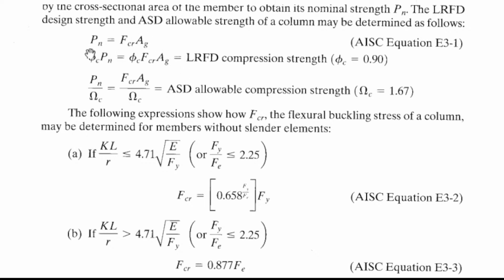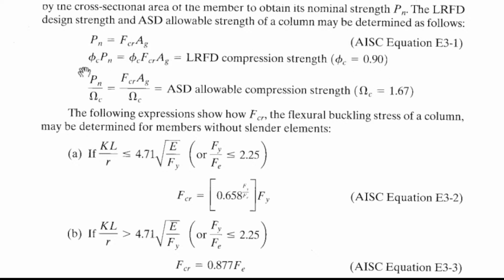So at nominal compressive force, Fcr multiplied by Ag, or gross area. Now multiply by the compressive reduction factor, phi c, which is equal to 0.9.